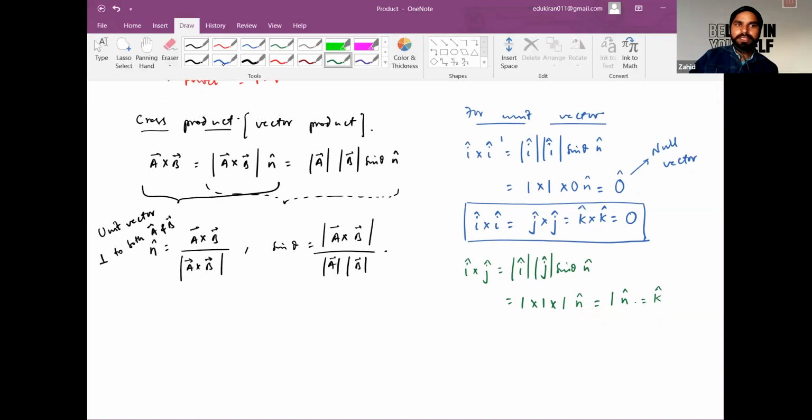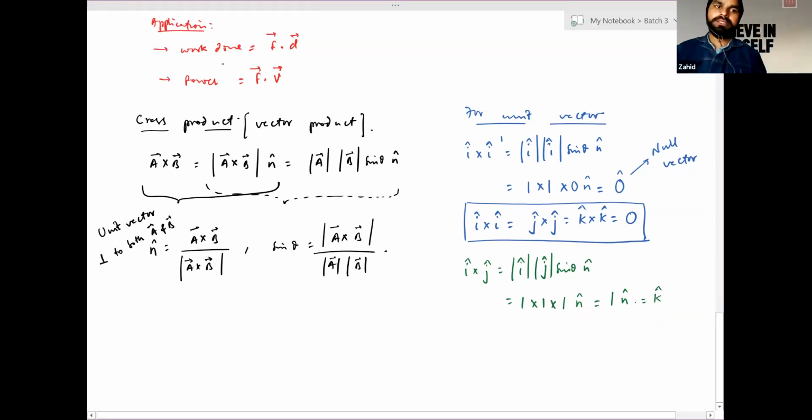Since the cross product is a vector product, there should be some direction. So how to define the direction of the resultant?